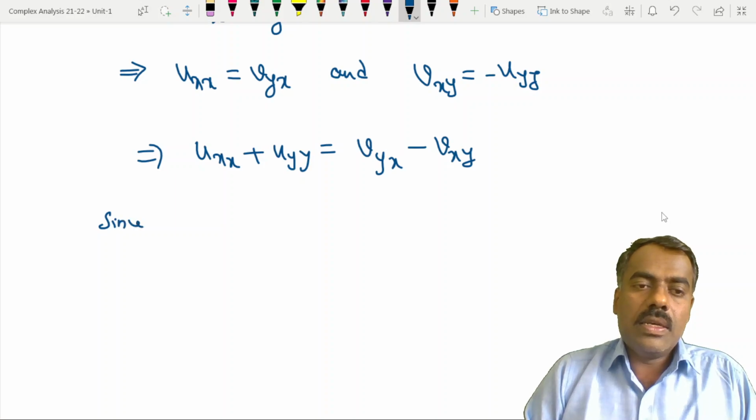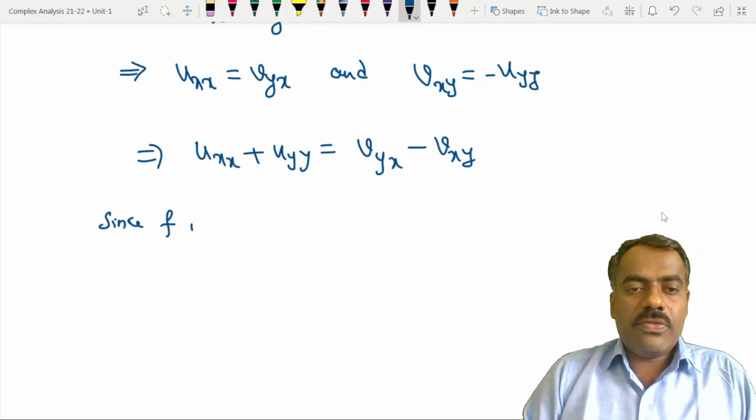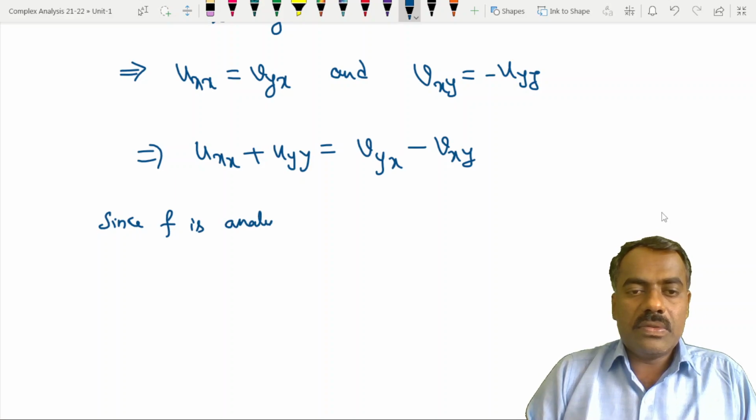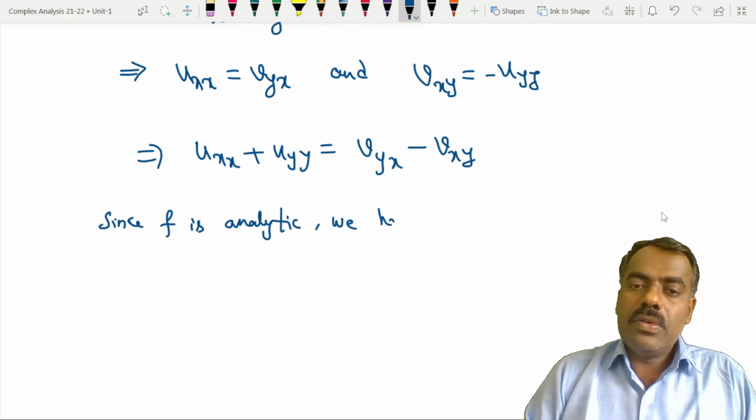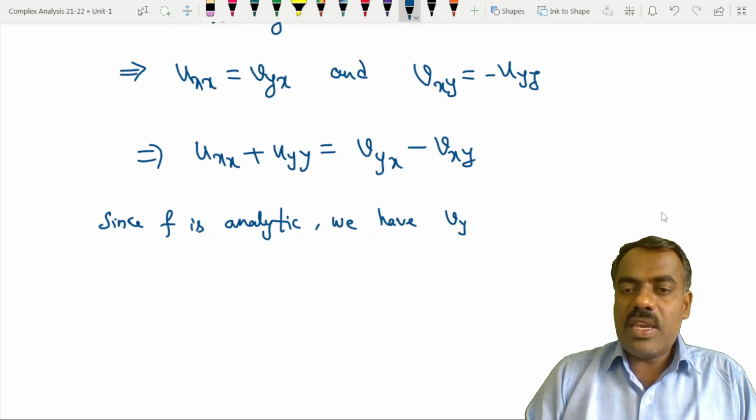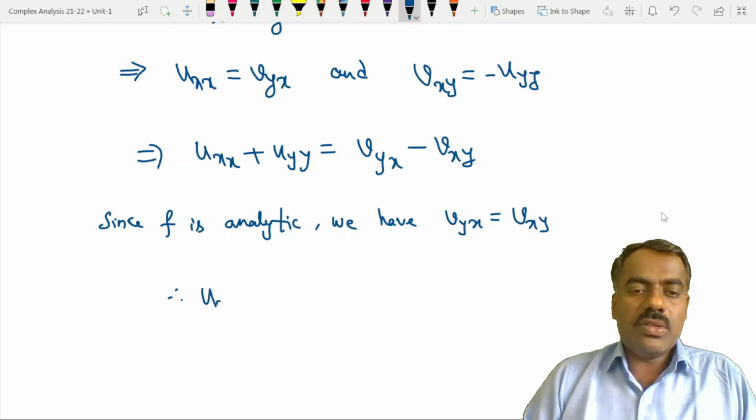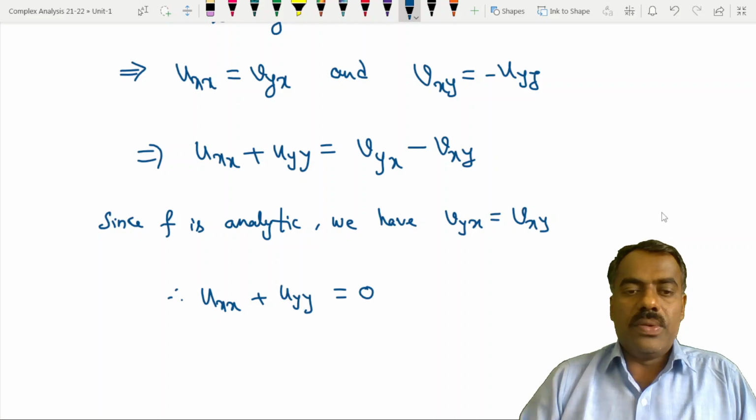Since f is analytic, we have vyx the same as vxy. Therefore uxx plus uyy is equal to 0.